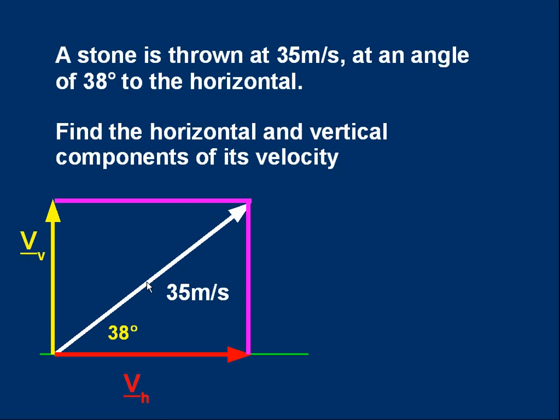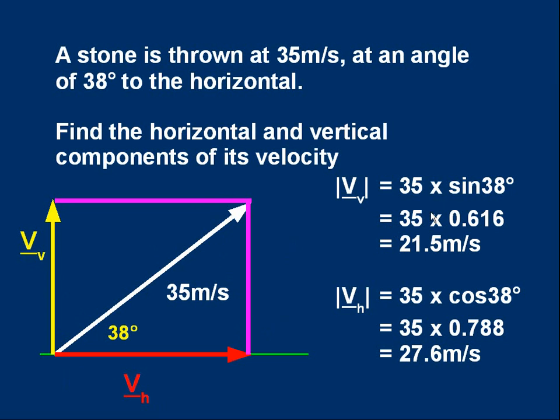Well, simple. The vertical one, hope you can see that's 38, the top angle is 38 as well. The vertical component will be 35 sine 38. It's opposite the 38 if we had the 38 degree at the top. And the horizontal component is the adjacent side to 38, so it's 35 cos 38.